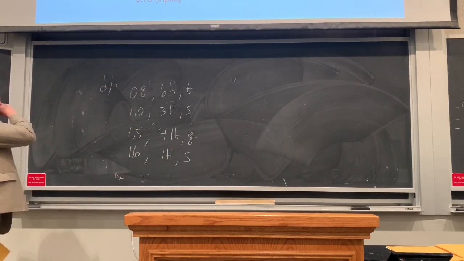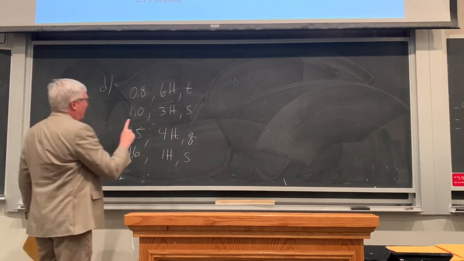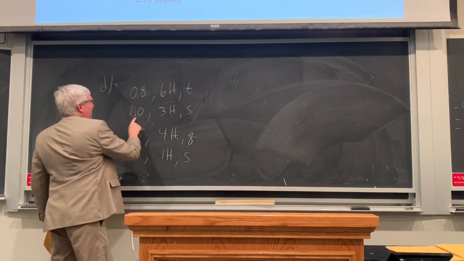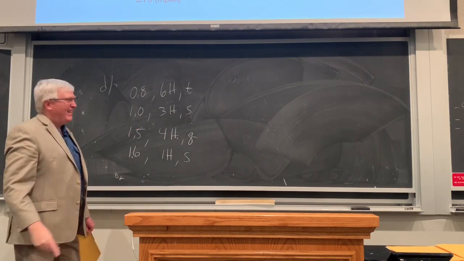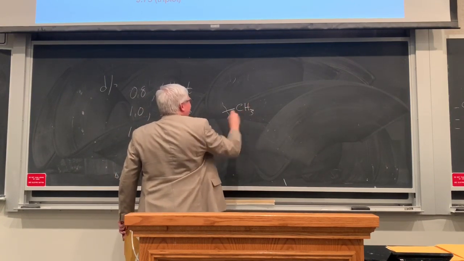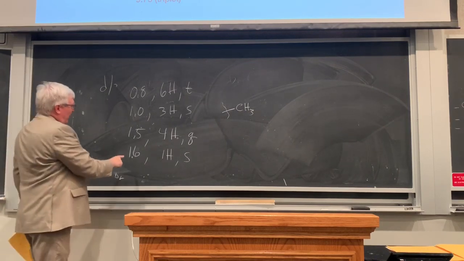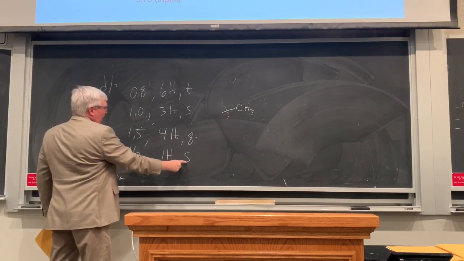Okay, now this one starts out with a couple things I think you can hang your hat on right away. 3H singlet at 1. That's probably just a CH3, right? And this one, 1.6, 1H singlet.